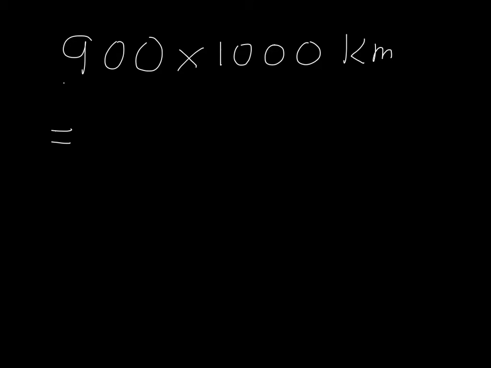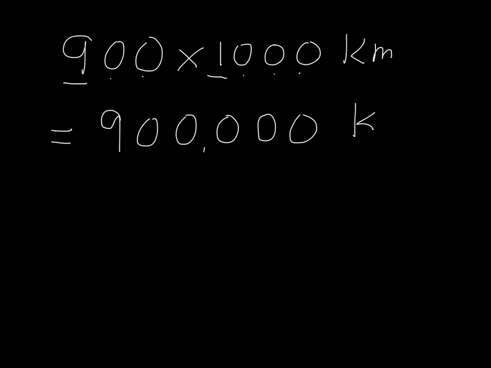So we can multiply the 9 times the 1 will equal 9, then count up the zeros, 1, 2, 3, 4, 5, and put those on our number, 1, 2, 3, 4, 5. So we could go 900,000 kilometres.